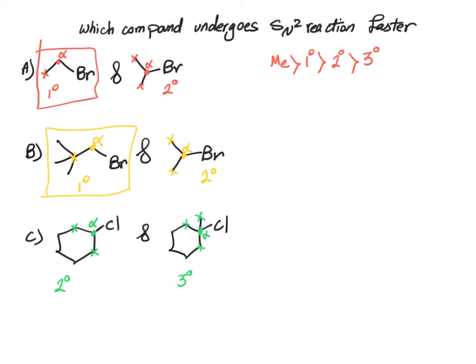The alpha carbon is bonded to three alkyl groups. And again, we know that secondary substrates undergo SN2 reaction faster than tertiary, which means this one undergoes SN2 reaction faster.